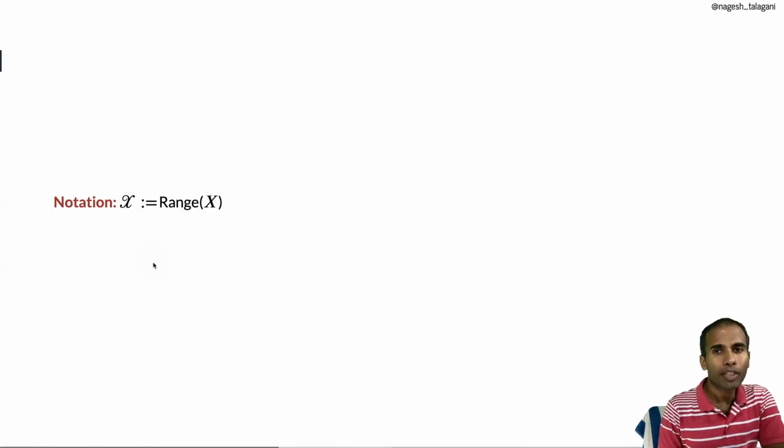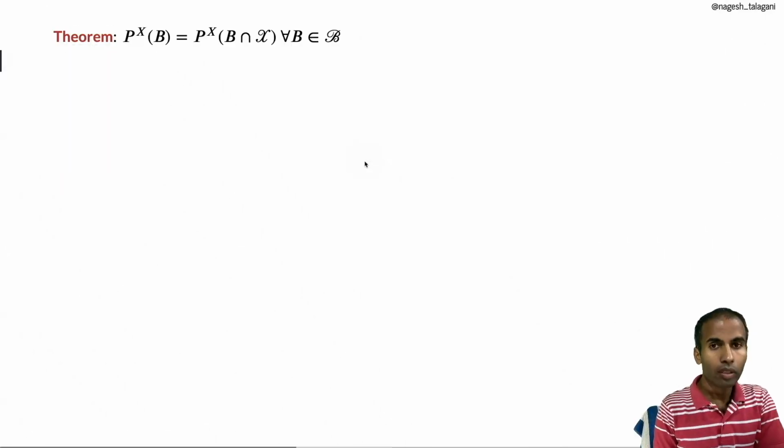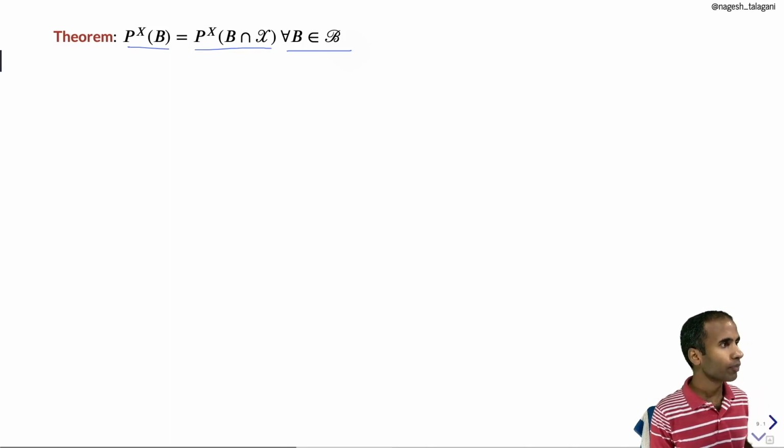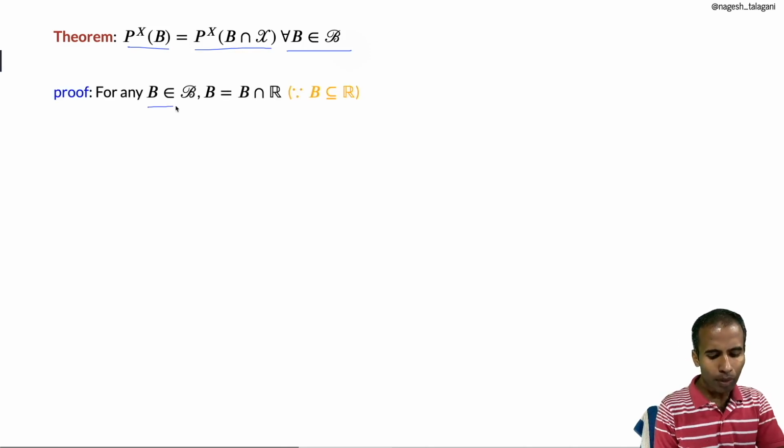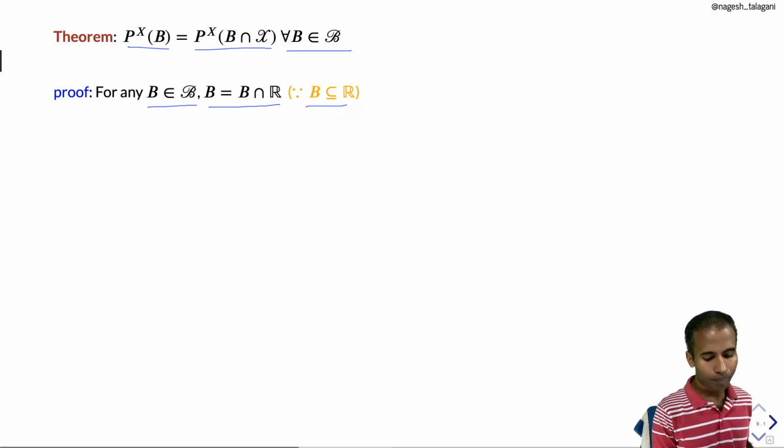Let me introduce a notation here. The script X is a notation for the range of X. That is, the script X consists of the possible values X can take. Theorem: Px of B equals Px of B intersection script X for all B belonging to script B. Let's prove this. For any B belonging to script B, we can write B equal to B intersection R, since B is a subset of real numbers, right?